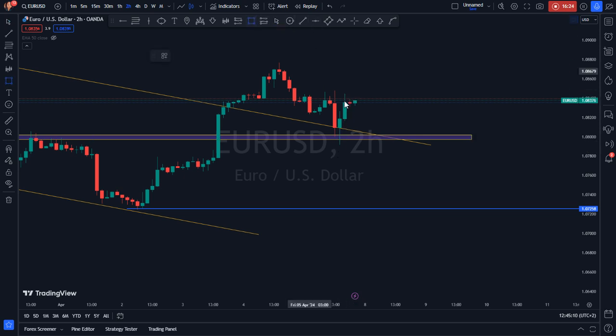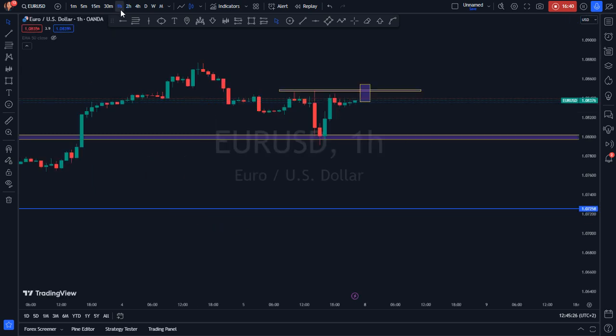If it can break above this, maybe with this zone right here, it's definitely going to be going up. Because I always say, respect the trend of the current structure.